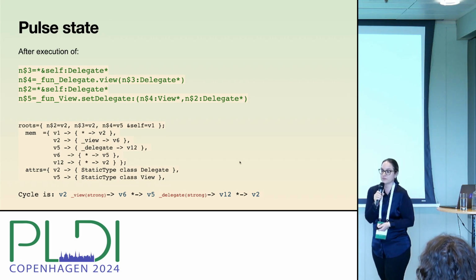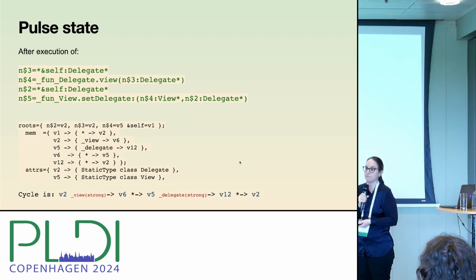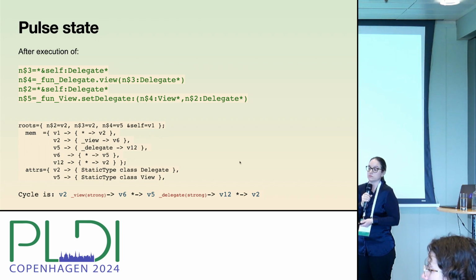Yes, please. Sorry, when you say Pulse state, does that mean that this information is already tracked by Pulse by default, or do you plug into Pulse with extra information that you want tracked in its memory analysis, like whether pointers are strong or weak?